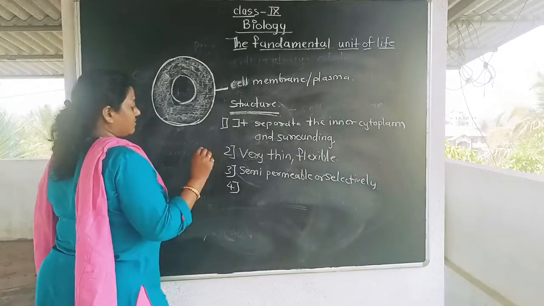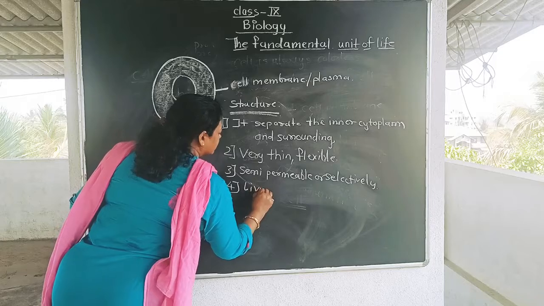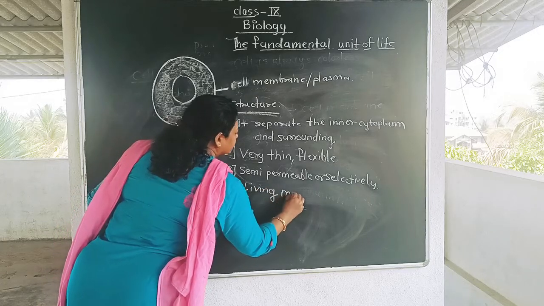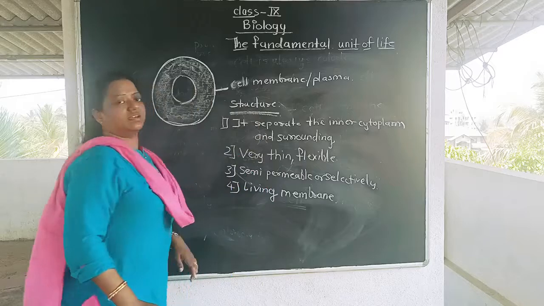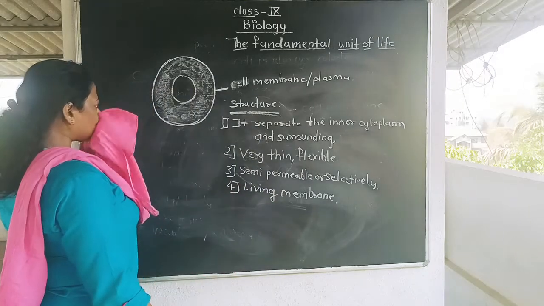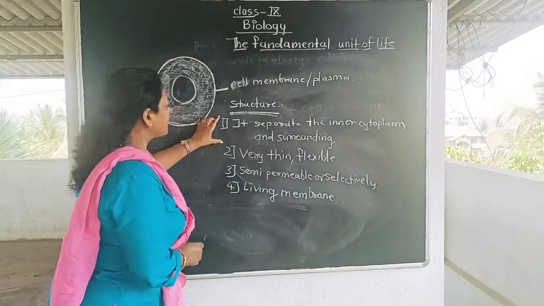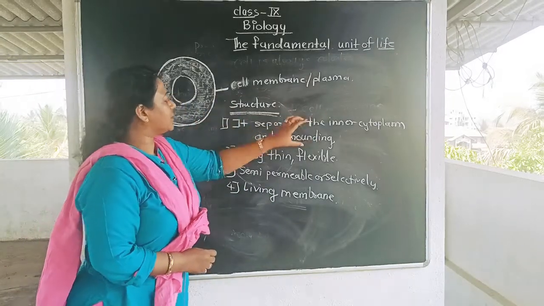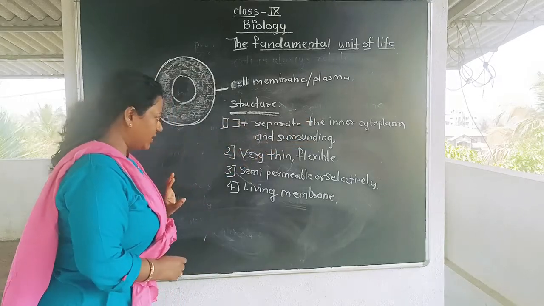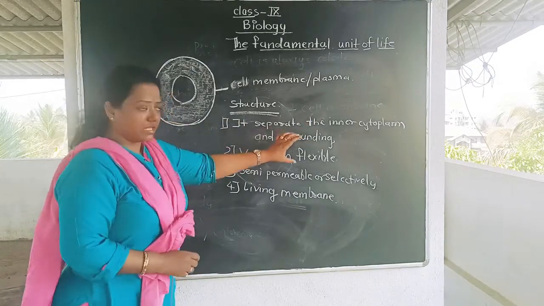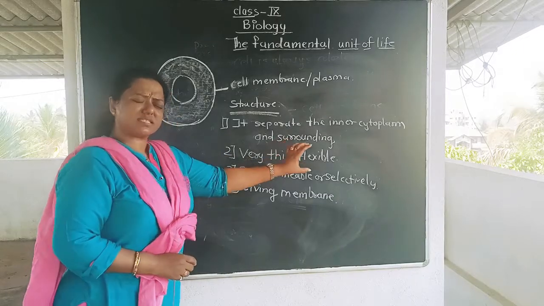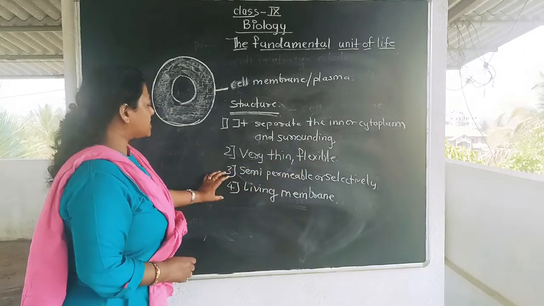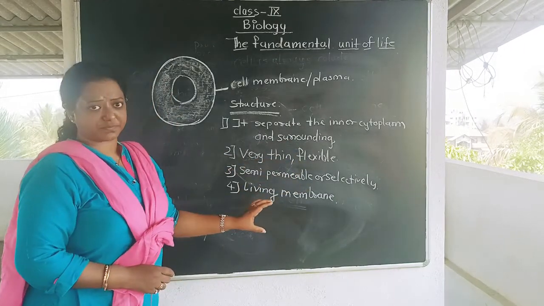It's not non-living. It's a living membrane. Okay, students. So this is the structure. It separates the inner cytoplasm and surrounding. It's very thin and flexible. It's semi-permeable or selectively permeable. It is a living membrane.